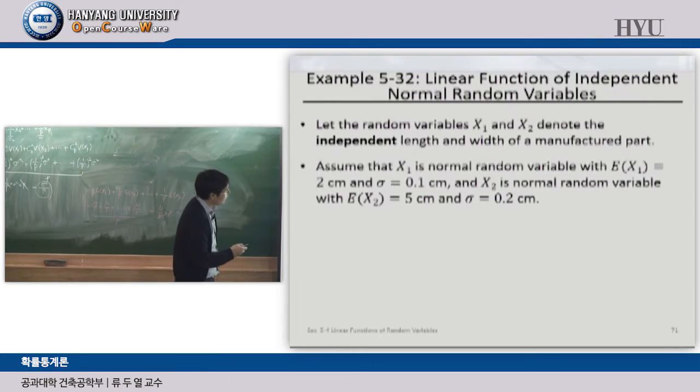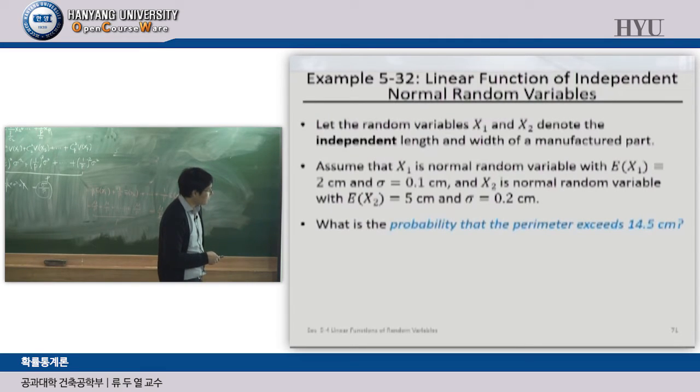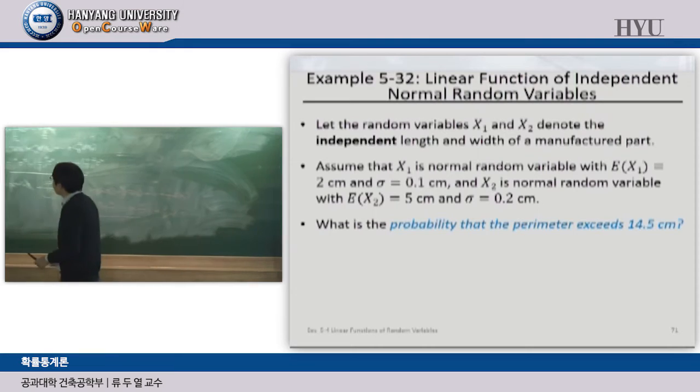Assume that x1 is a normal random variable, with E of x1 equal to 2 centimeter and sigma 1 equal to 0.1 centimeter, and x2 is also a normal random variable with E of x2 equal to 5 centimeter and sigma 2 equal to 0.2 centimeter. In this case, what is the probability that the perimeter exceeds 14.5 centimeter? That is the question.